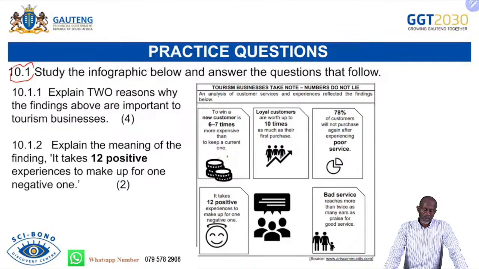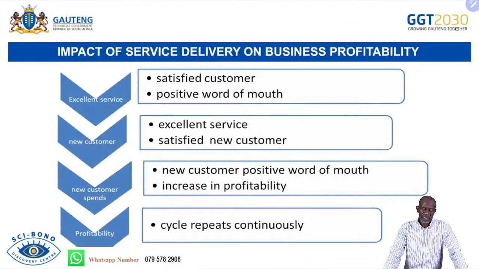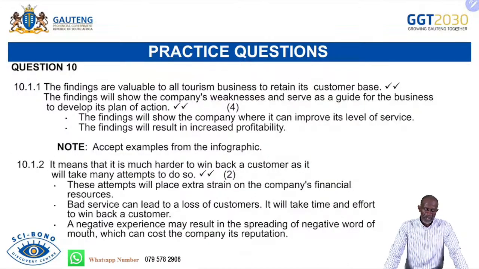Question 10.1.1, explain two reasons why the findings above are important to the tourism business. In responding, you would say: the findings are valuable to all tourism businesses to retain their customer base.